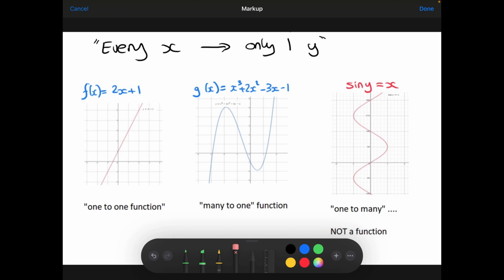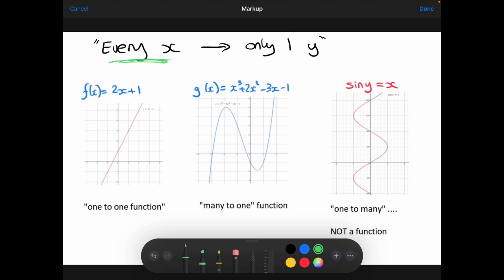Now, the third rule I've got here, sine y equals x. That is not a function. And it's not a function because it fails the definition on two different counts. First of all, every x. Well, I can't substitute every x into this rule.